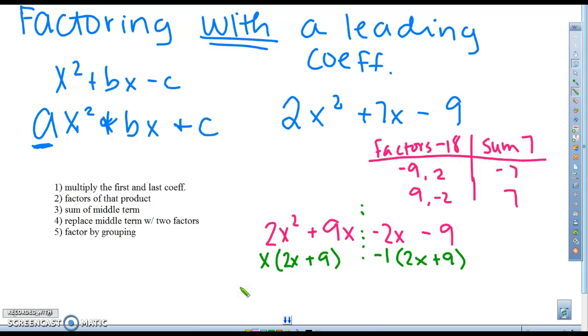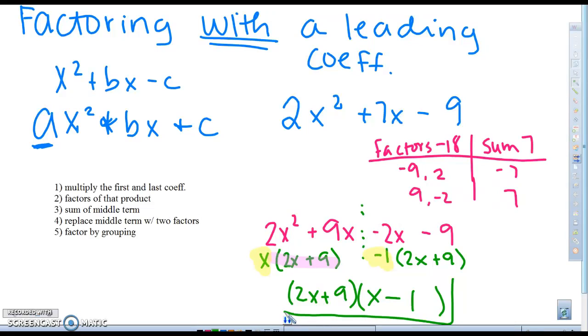Factor by grouping says I take one of my repeated terms and write it, and my other factor is composed of those things that were left out in front, so the x and the minus 1. And this would be my final answer.